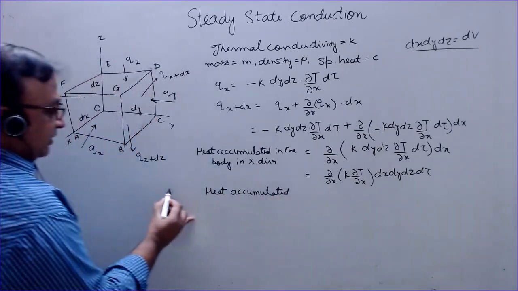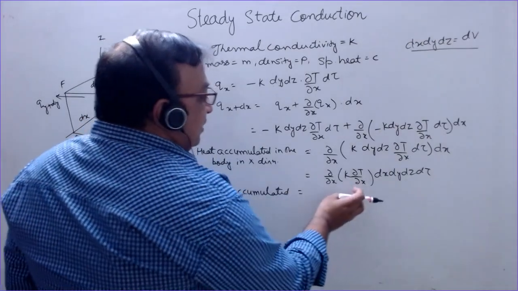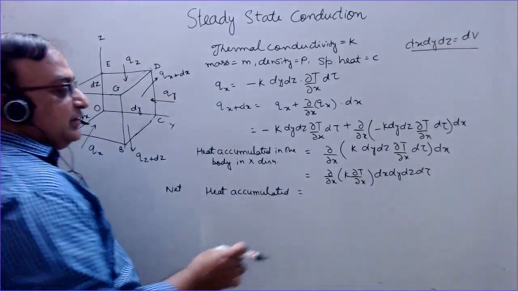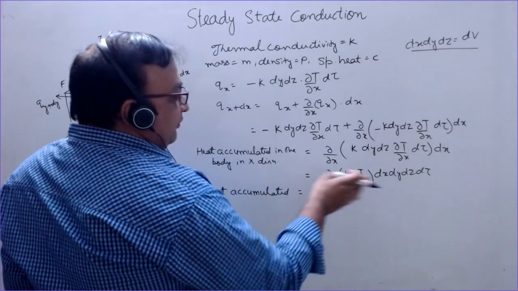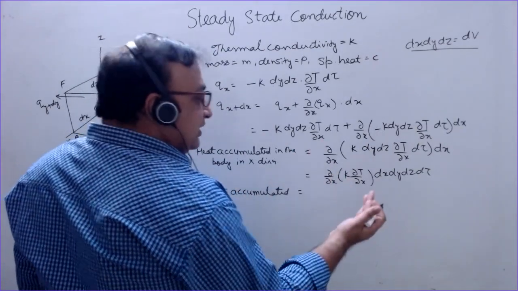So I can write the net heat accumulated equal to the sum of the heat accumulated for heat flowing in x direction, similarly write for y and z, and then sum.